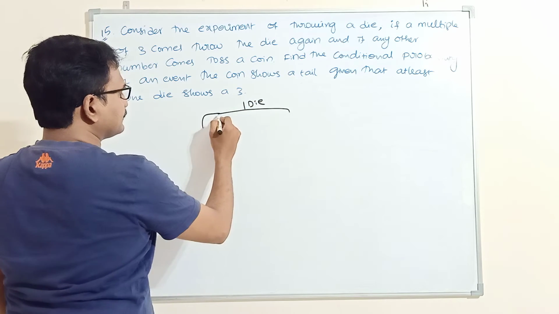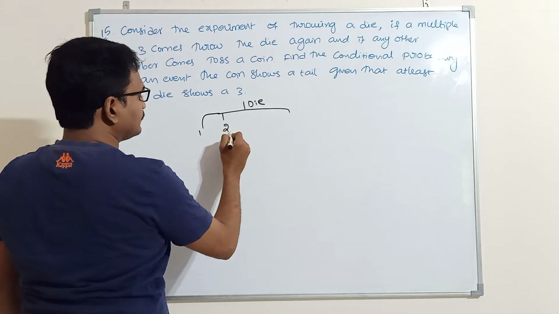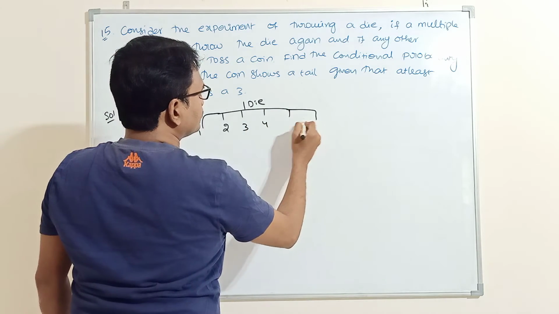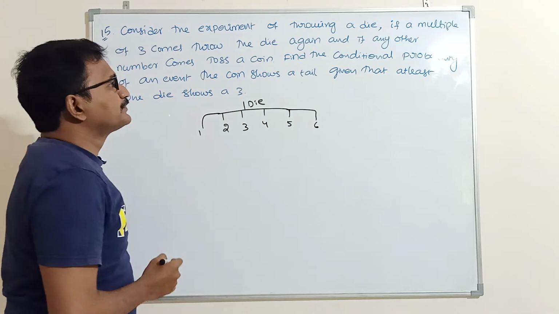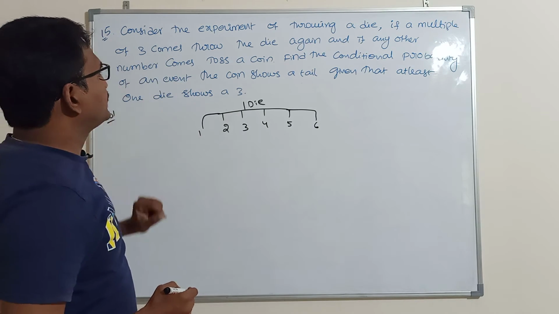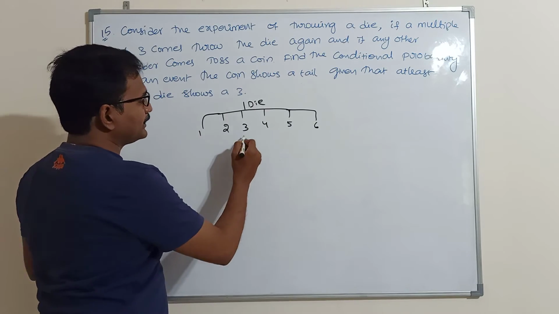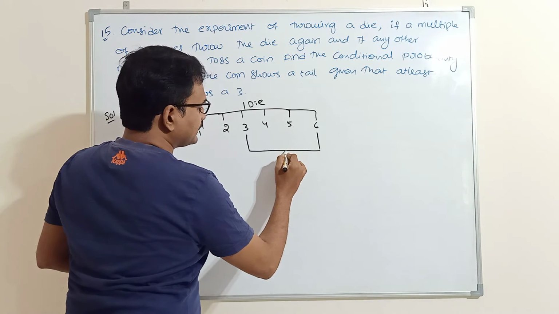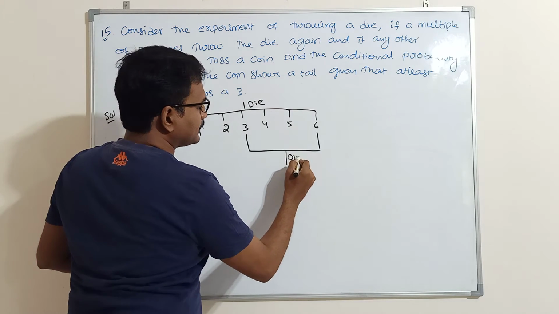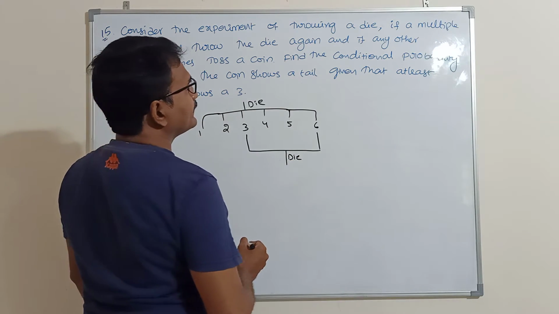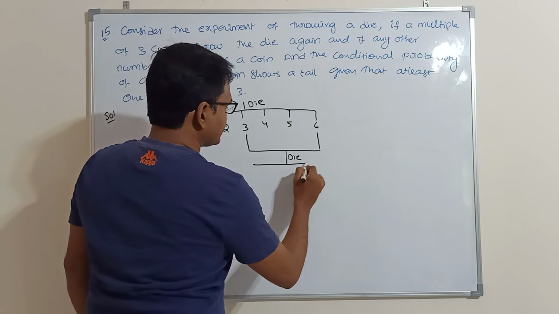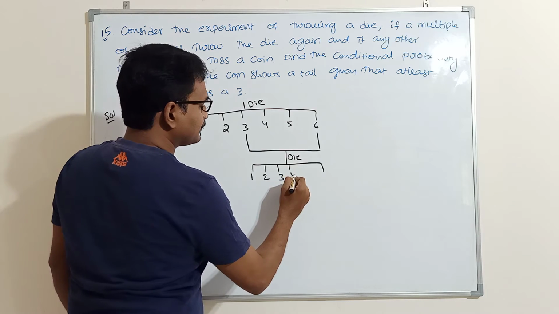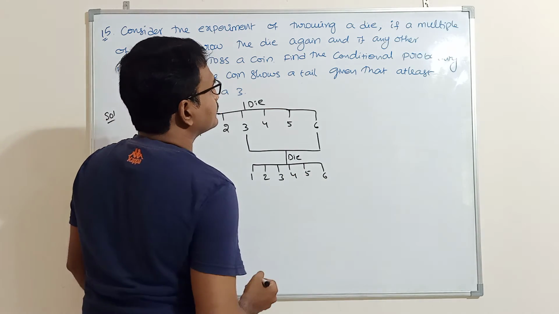So when a die is thrown, the sample points are 1, 2, 3, 4, 5, 6. Next, if a multiple of 3 comes, throw the die again. Multiple of 3 means 3 and 6, correct? If 3 or 6 comes, throw the die again, so again 6 sample points will come: 1, 2, 3, 4, 5, 6.